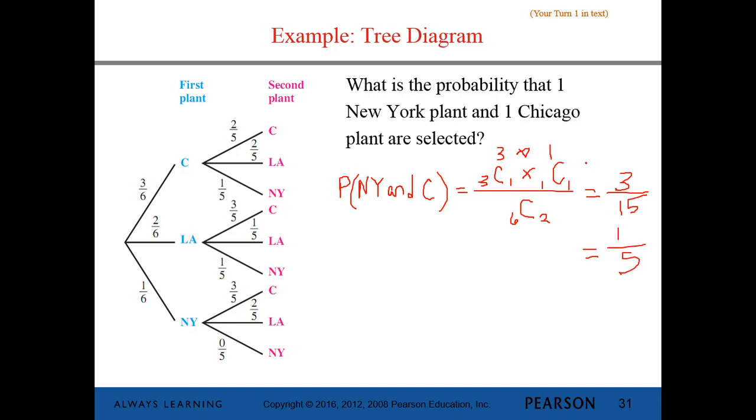So we can use the definition of probability and what we know about combinations, because order doesn't matter in this case. So notice that we're choosing 1 from the 3, so one of the 2 positions we're choosing has to be from Chicago, and the other one has to be from New York. Now we could also, remember what I said, add the LA one, but we're choosing 0 from LA, which means of the 2, we are choosing 0.